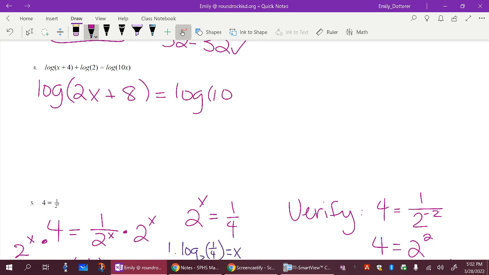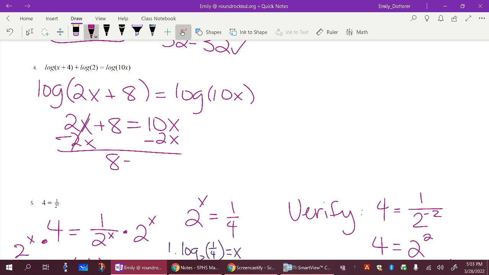And since they have the same base and are set equal, we can set the arguments equal to each other. 10x minus 2x is 8x, and 8 divided by 8 is 1.